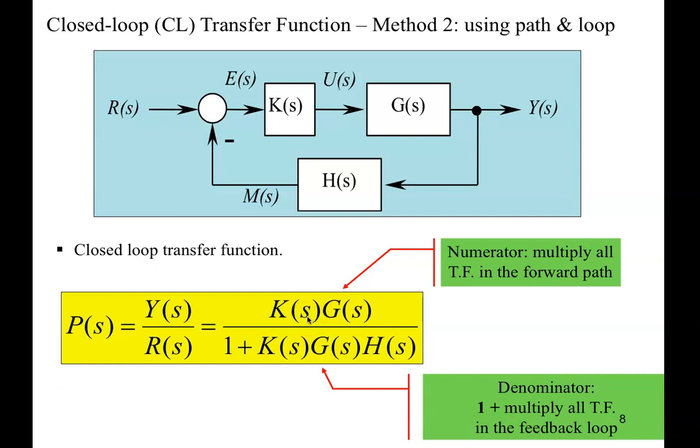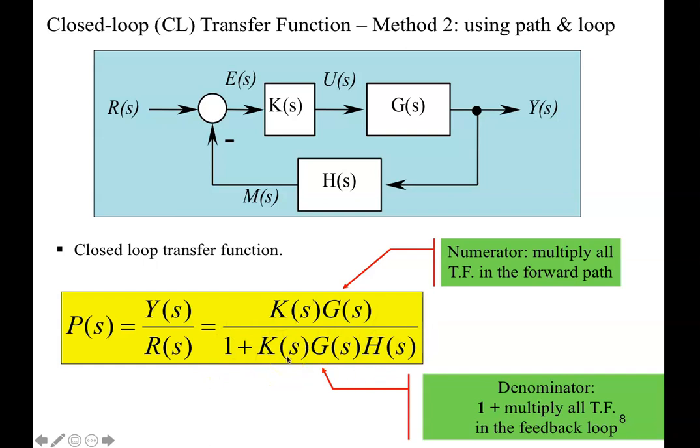Okay, so just to summarize method number 2: in the denominator you find the feedback loop transfer function, everything in the feedback loop. You multiply them together, then you plus 1. That's your denominator done.